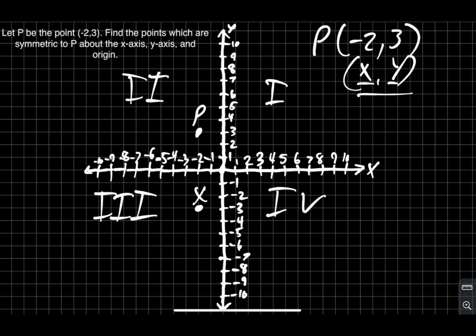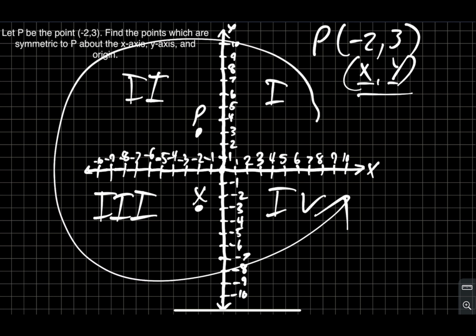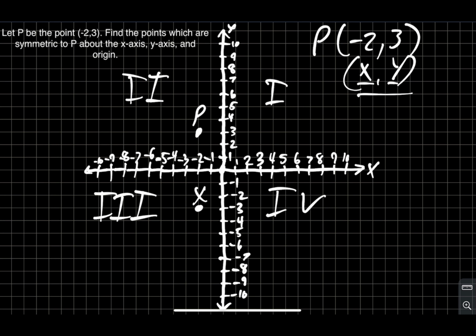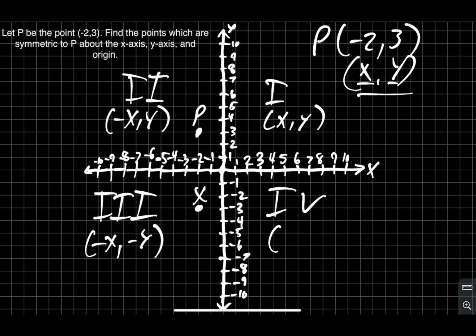The quadrants are ordered counterclockwise, the opposite of the way a clock rotates. Now, you want to know the ordered pair for each quadrant. It's (x, y) in the first, (-x, y) in the second, (-x, -y) in the third, and (x, -y) in the fourth.